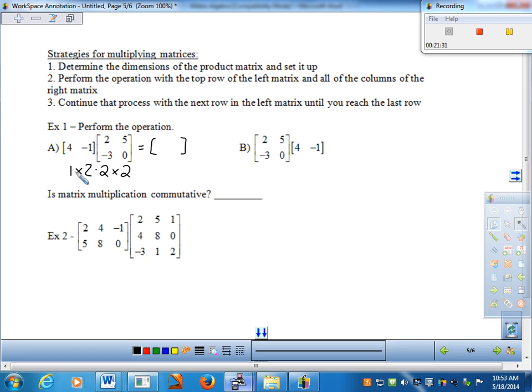It's going to seem weird to say, but think sushi when you do this. If you remember what happened in the sushi problem, we worked across the left matrix. Remember, I matched up the numbers going across the left matrix, and I matched them up going down the right matrix.